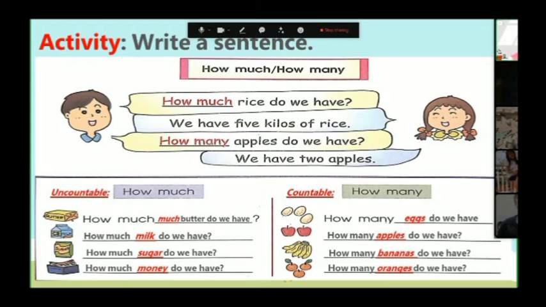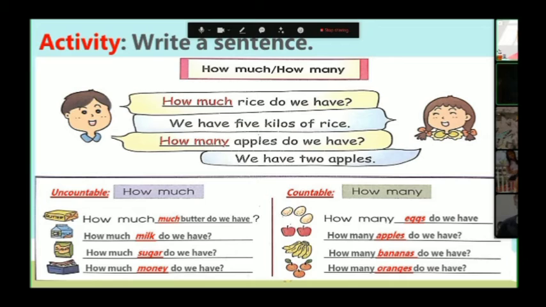Okay, practice one more time. Everybody say eggs. There's a letter S there, so eggs. When you say egg, it means only one.